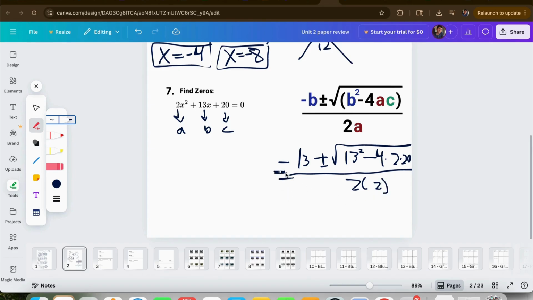Now if you compute this with a calculator, it's just going to print out the 2 answers, namely negative 4 and negative 5 halves. This is done by either using the plus or the minus.